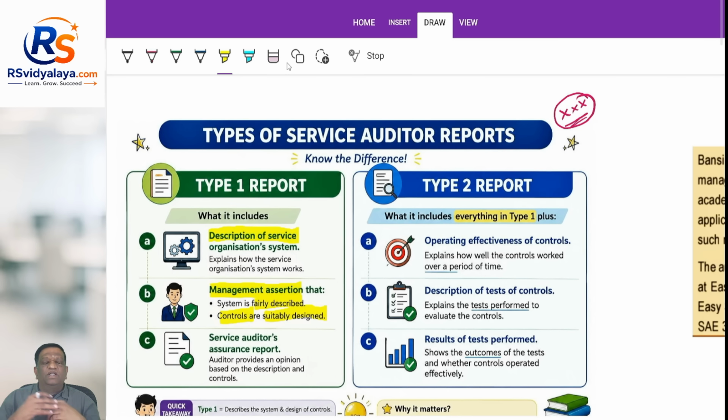So, as a user entity auditor, I am convinced with the type 2 report. I understand the system, the controls, and whether the controls are working effectively. To substantiate this, the service auditor provides the controls he has tested and the outcome of it.